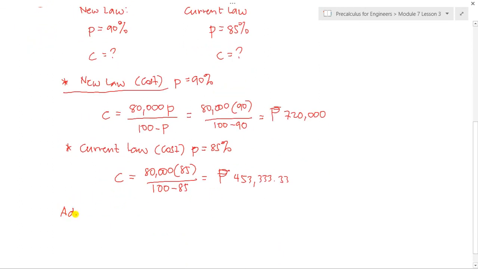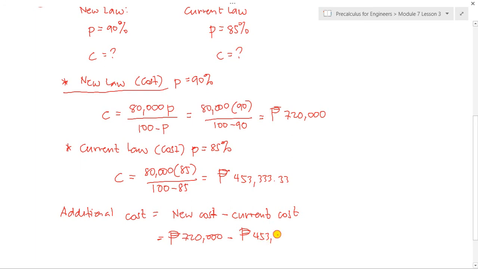So the additional cost is just equal to the new cost minus the current cost, diba? The new cost is 720,000 minus the current cost, 453,333.33.